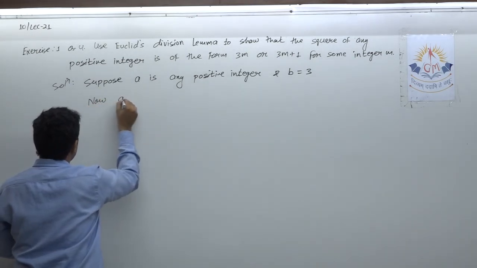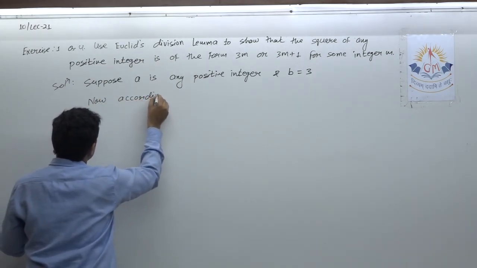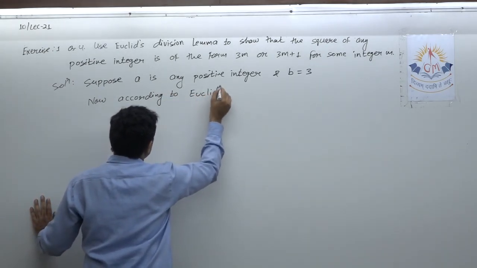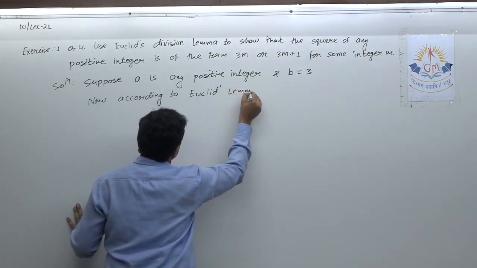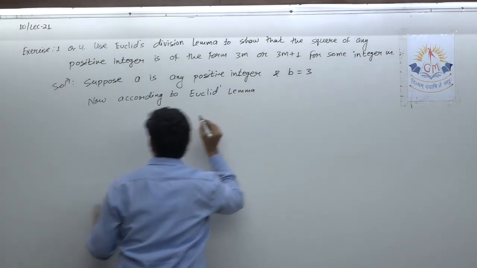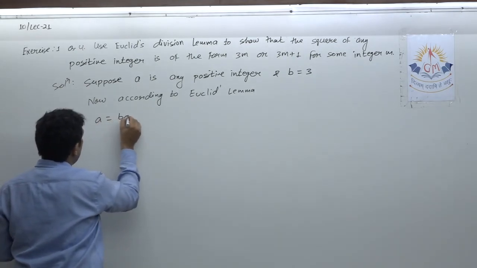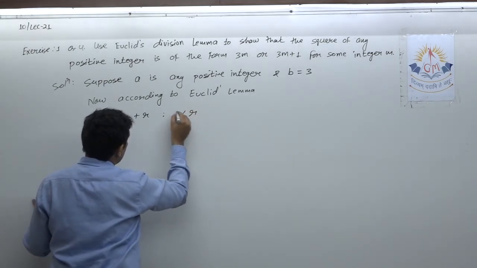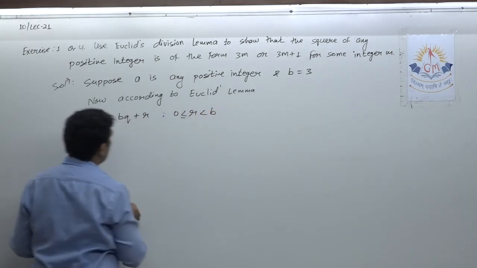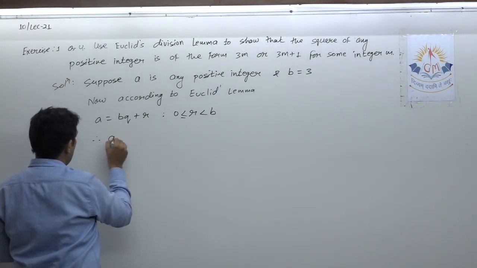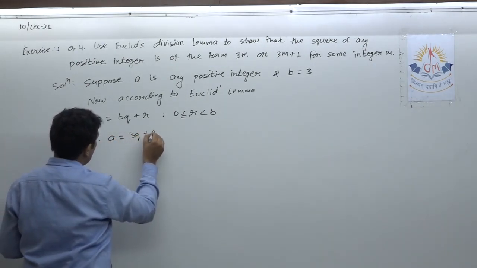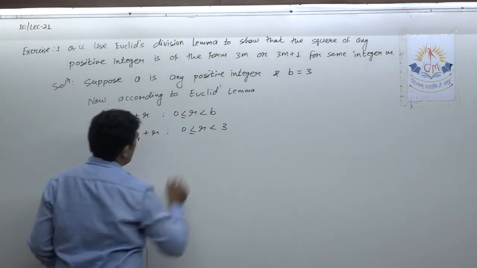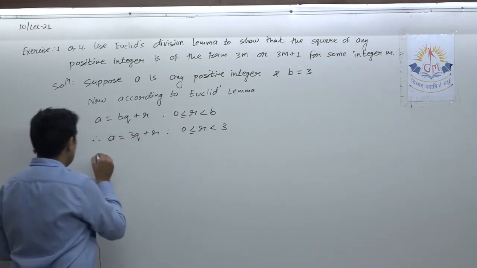Now, according to Euclid's lemma, A is equal to BQ plus R, where R is greater than or equal to 0 and less than B. Therefore, A is equal to 3Q plus R and R is greater than or equal to 0 and less than 3 because I took B equal to 3.